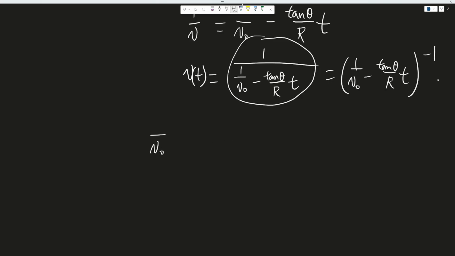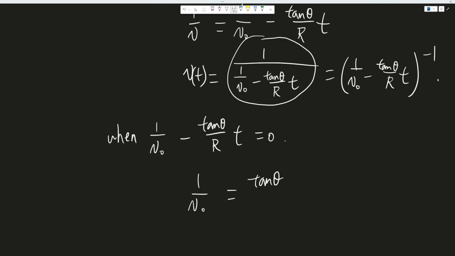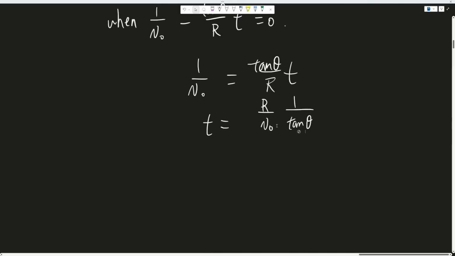So 1 over v0 minus tangent theta over R times t equals 0 is the special value. So 1 over v0 equals tangent theta over R times t, which gives t equals R over v0 divided by tangent theta. So this is the special value.